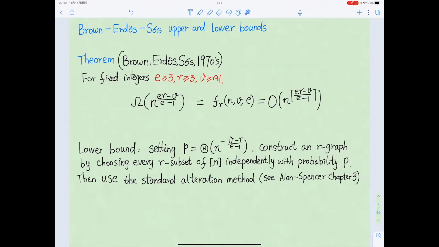Then use the standard alteration method, or deletion method, and you can show that with positive probability, such a randomly chosen hypergraph is V,E-free. This is how Erdős and Sós prove the lower bound. But here comes the question: how tight are the upper and the lower bounds?